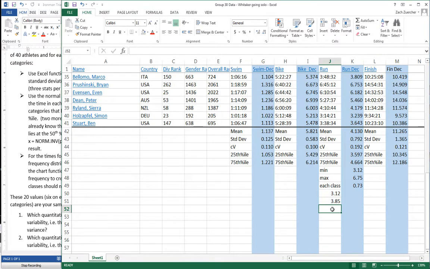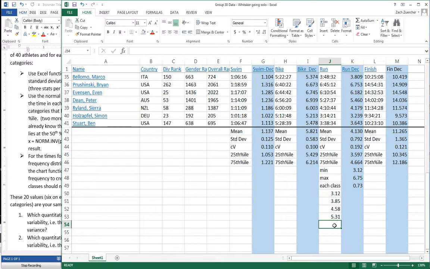The third class is going to be 3.85 plus 0.73. So the third class is going to start at 4.58. Then the fourth class is going to start at 4.58 plus 0.73.